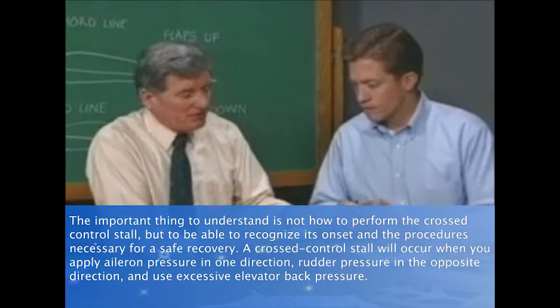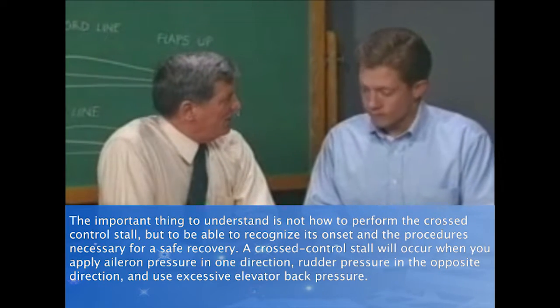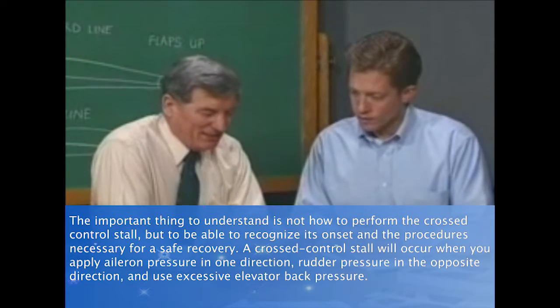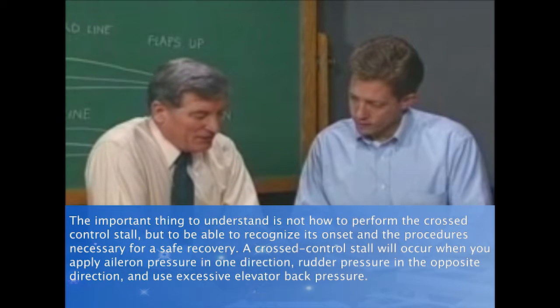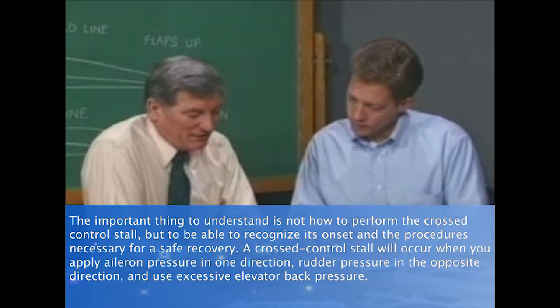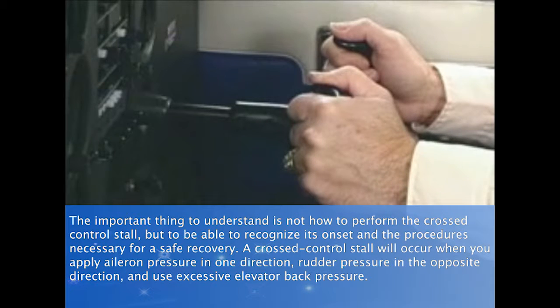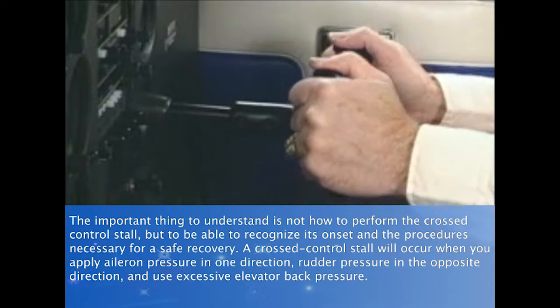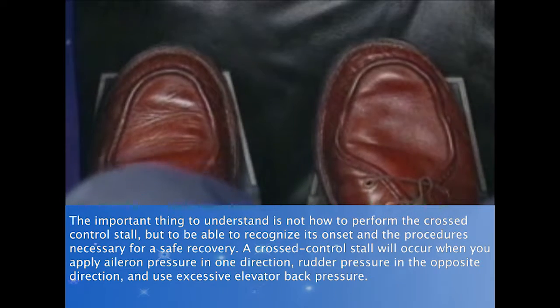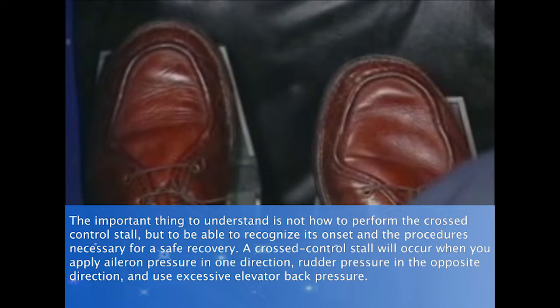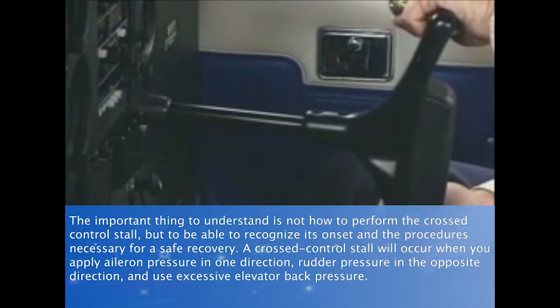The important thing to understand is not how to perform the crossed control stall, but to be able to recognize its onset and the procedures necessary for a safe recovery. A crossed control stall will occur when you apply aileron pressure in one direction, rudder pressure in the opposite direction, and use excessive elevator back pressure.